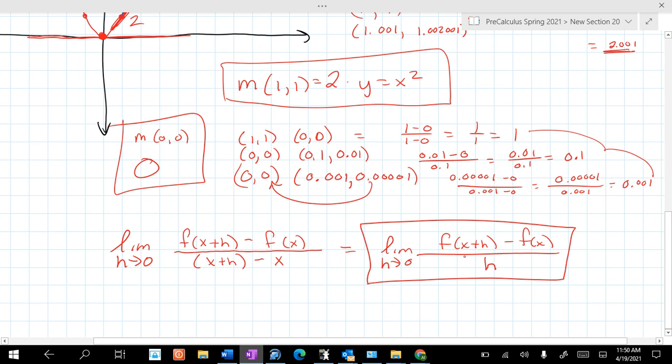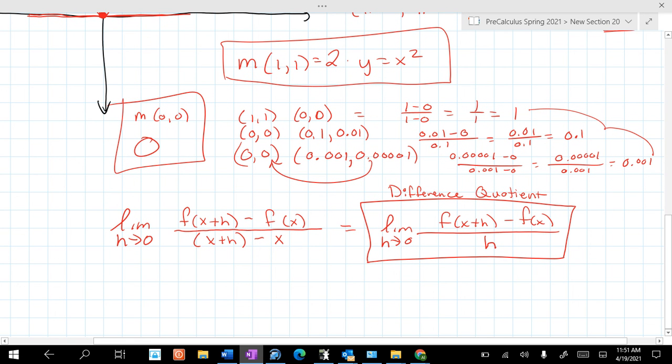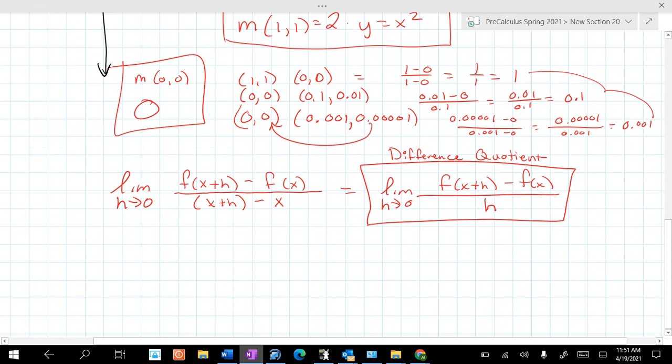For those of you who have taken college algebra, this thing is known as the difference quotient. That's the difference quotient from college algebra. The difference quotient is also the way to find the first derivative of a function. So we're going to do that by doing a first derivative.